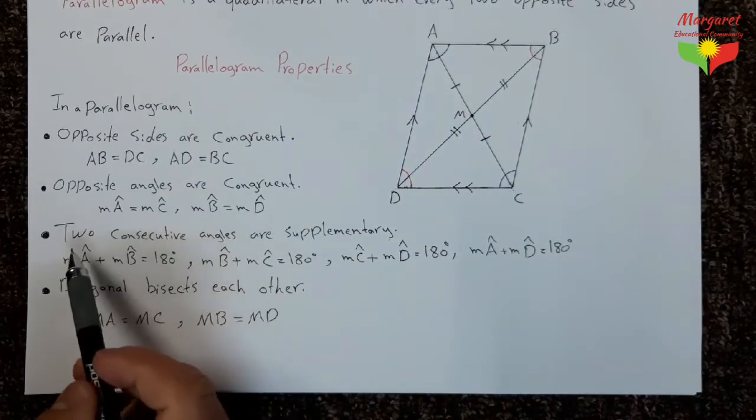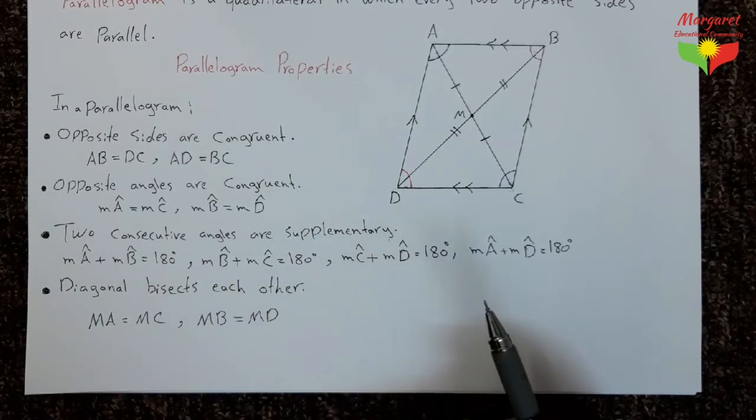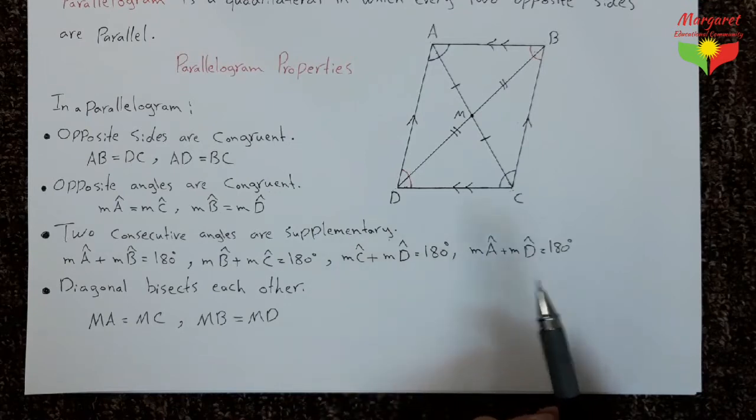The third one says two consecutive angles are supplementary, so the sum of their measure equal to 180.